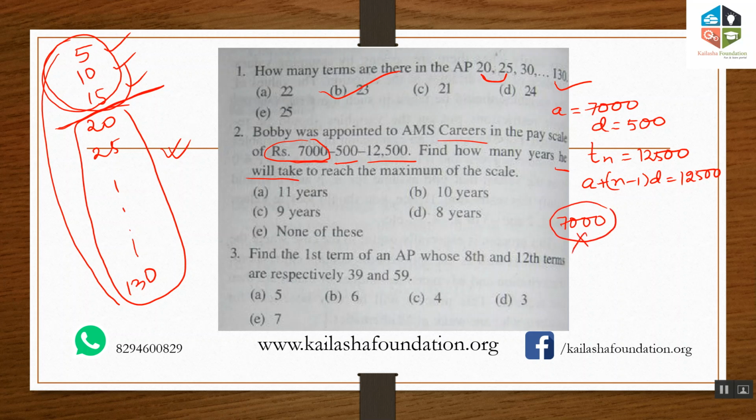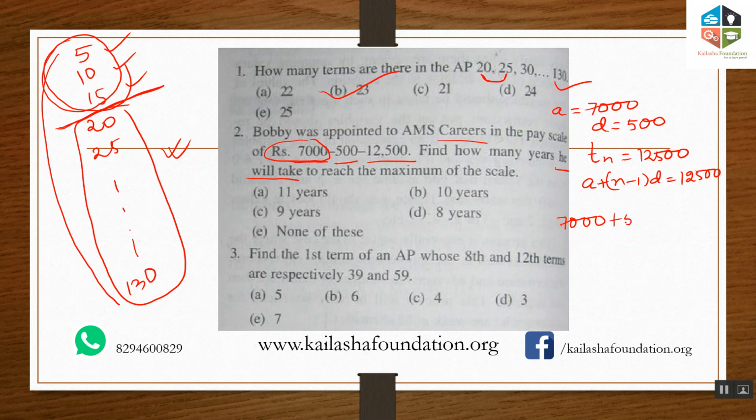So if n comes out to be 12, our answer will be 11. If n comes out to be 11, our answer will be 10. Okay, so that we have to keep in mind. So we will first find n and then we will subtract 1 from that.